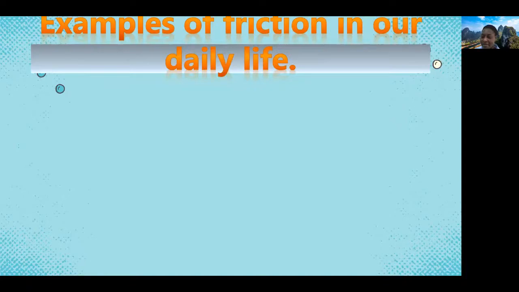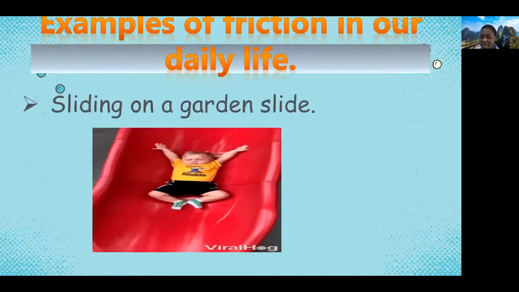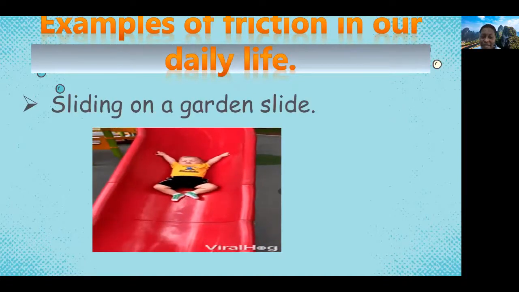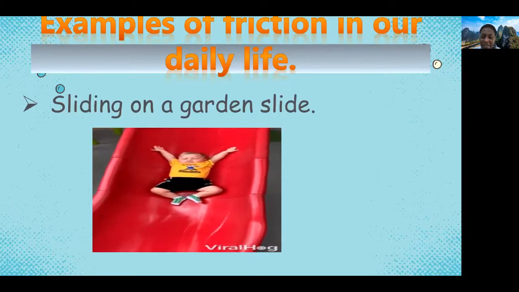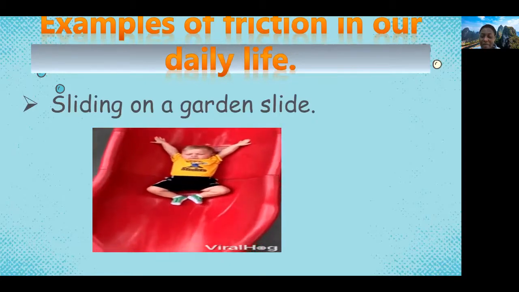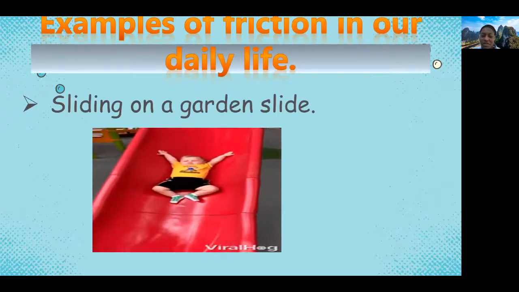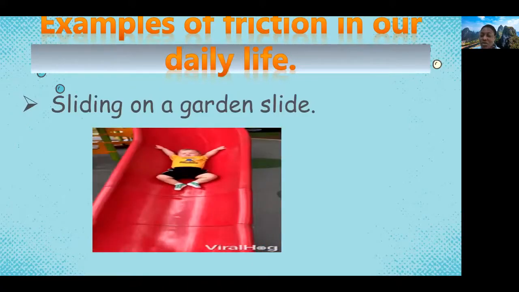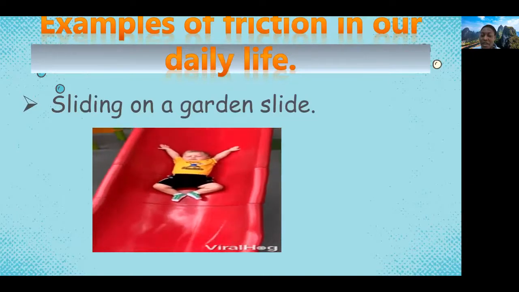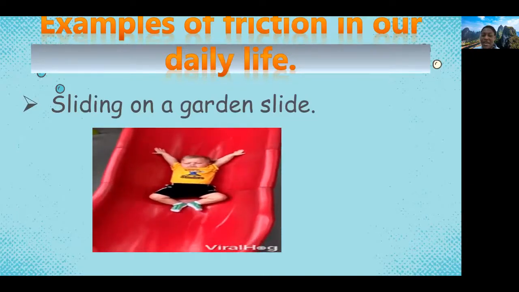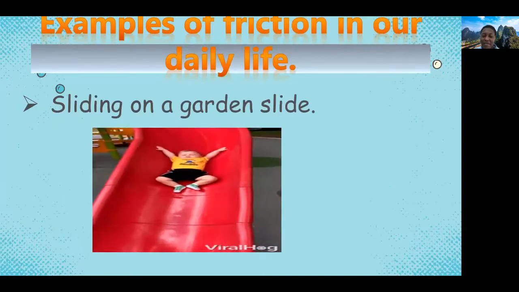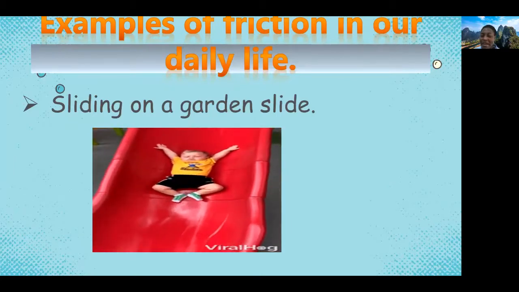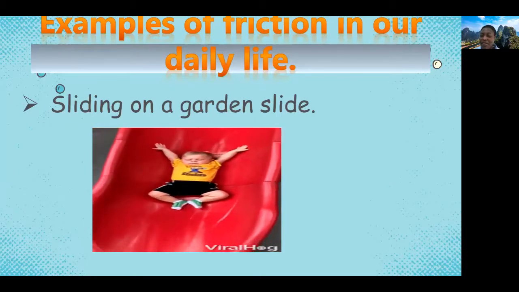Number 1, sliding on a garden slide. It is made possible because of friction. So here, in order to slide, the surface should be smooth. In order to slide, the slider should be very smooth.